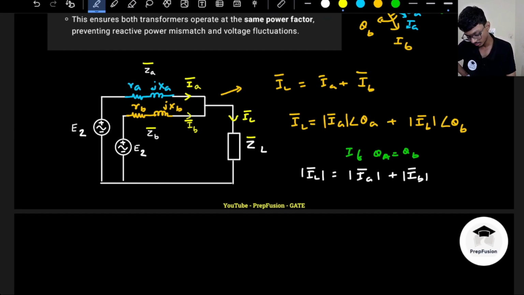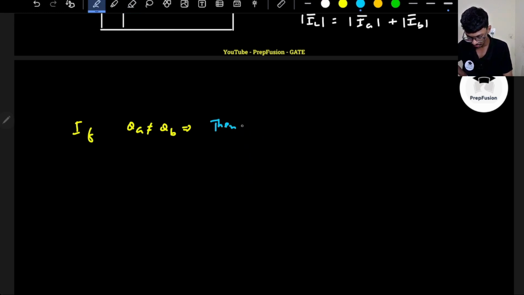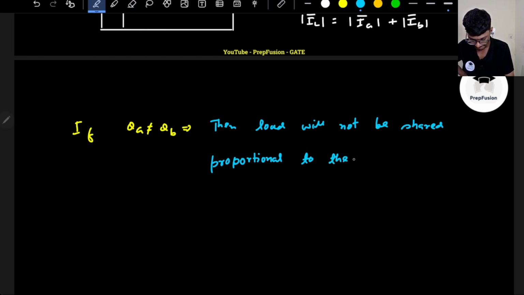If theta A is not equal to theta B, I cannot say that load will be shared proportional to their leakage impedance, because it will not be proportional to the magnitude anymore. The power factors will be different, so the calculations also will be different.